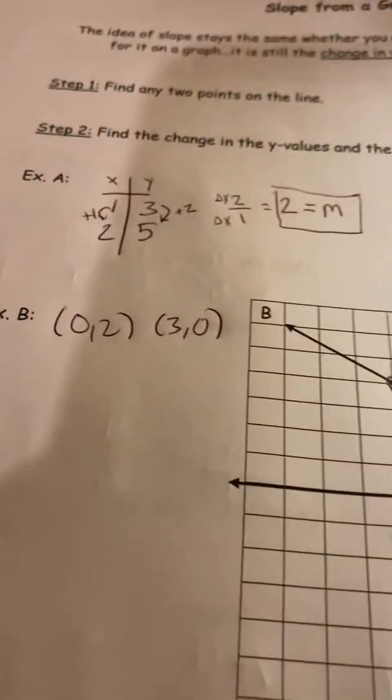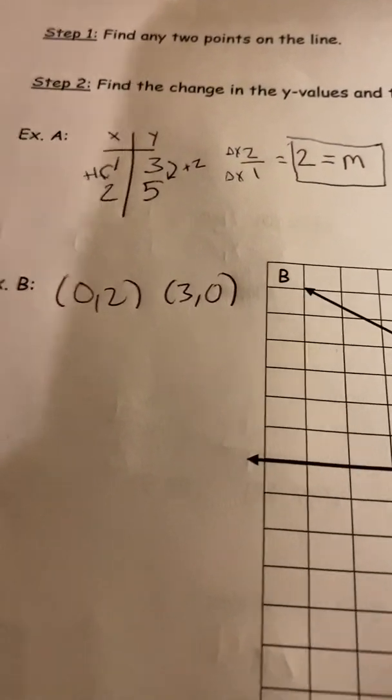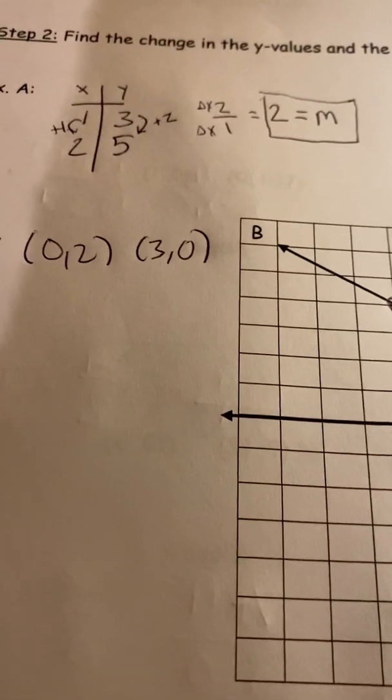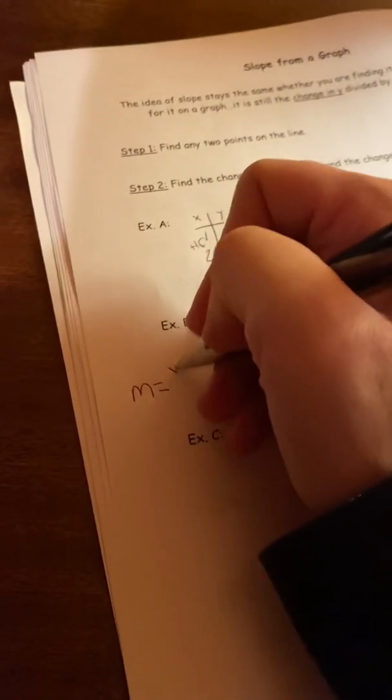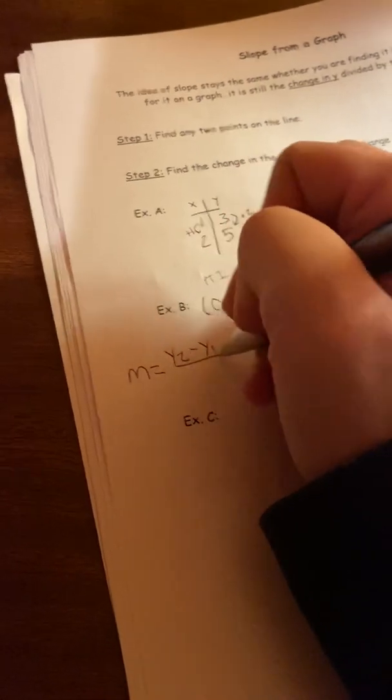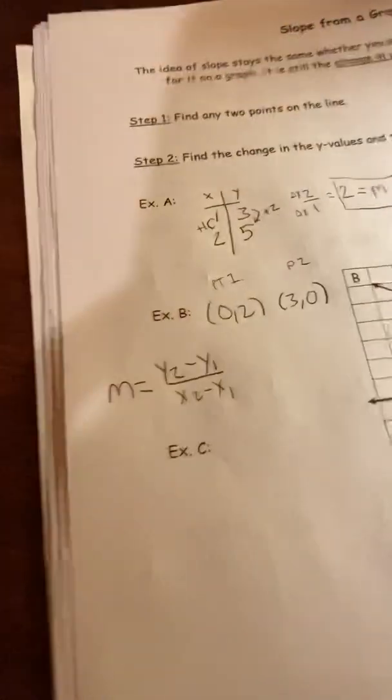We're going to use the slope formula. So we picked the 2 points. This time we're going to use the slope formula. So this is going to be point 1. This is going to be point 2. And our slope formula reads m equals y2 minus y1 over x2 minus x1.